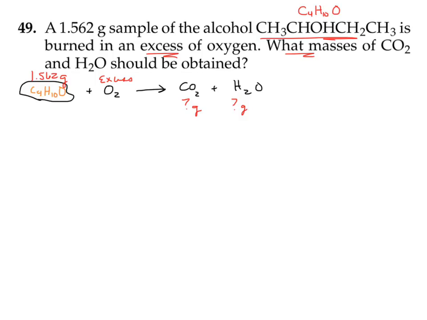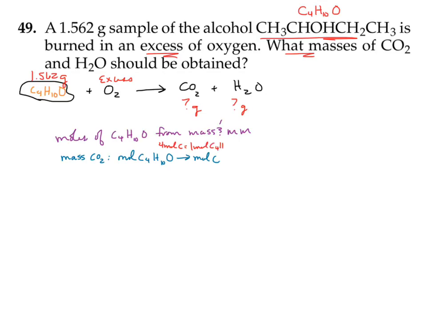In this one, we are burning a hydrocarbon in excess oxygen, like we always do in combustion analysis, and you're supposed to come up with what mass of carbon dioxide and what mass of water that would produce. Here are my hints. I would take the mass of the compound. The full molecular formula of the compound is given, so you can use a periodic table to get the molar mass and convert those grams to moles.